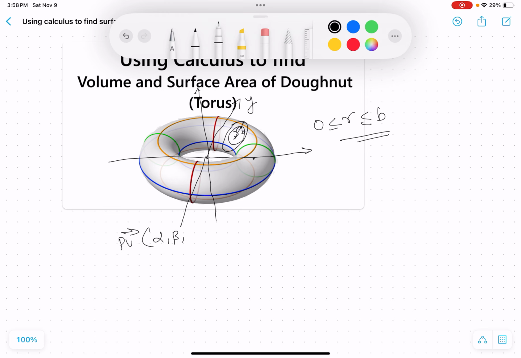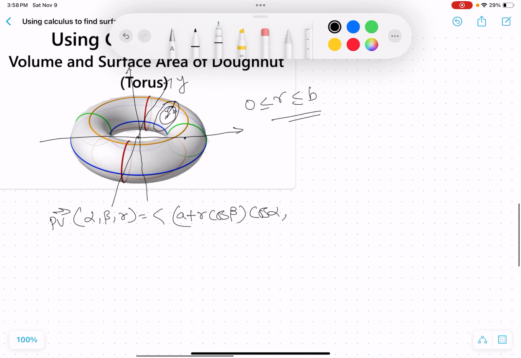So that will just be a plus r cos beta times cos alpha. This is the same, just the b changed. Then a plus r cos beta times sine alpha, and this is r sine beta.